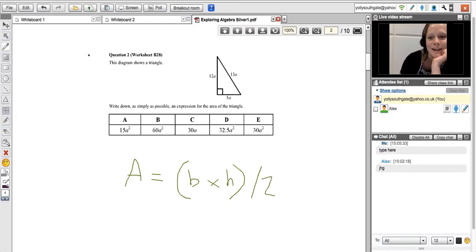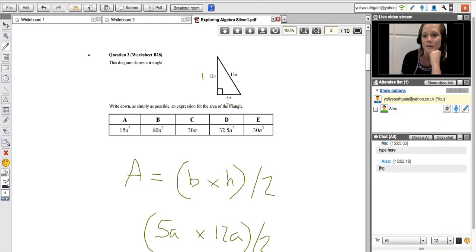That's fantastic. Okay, so can you see what you need to do next? Put in these numbers. Yeah, the base and the height. Well done. Okay, can you plug them in? Yeah. So base 5A. Yeah, well done.